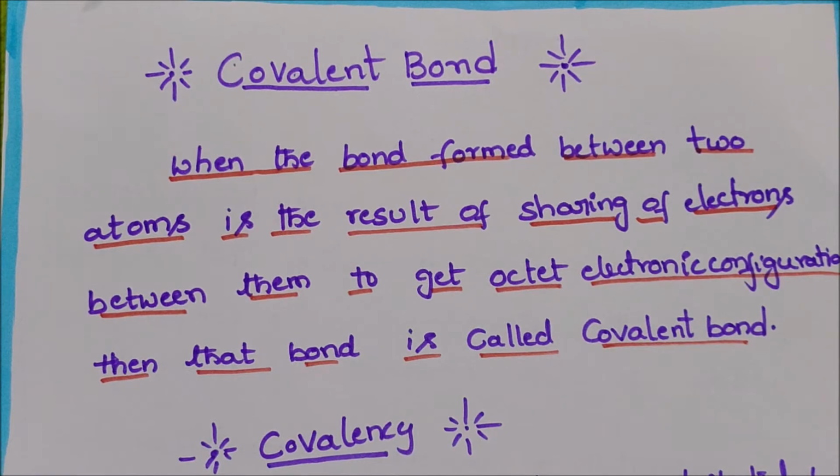In this session, I am going to teach you about covalent bond. Before we go into covalent bond, we discussed the previous class. In previous classes, we discussed the ionic bond: what is ionic bond, how it is formed, the favorable conditions for ionic bond, and its characteristics.